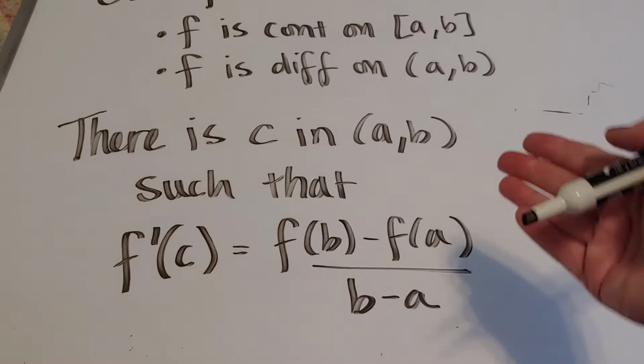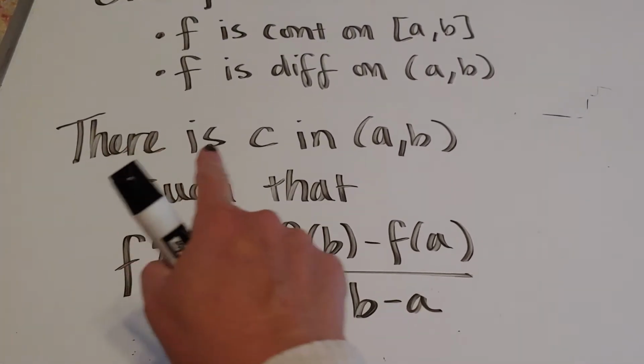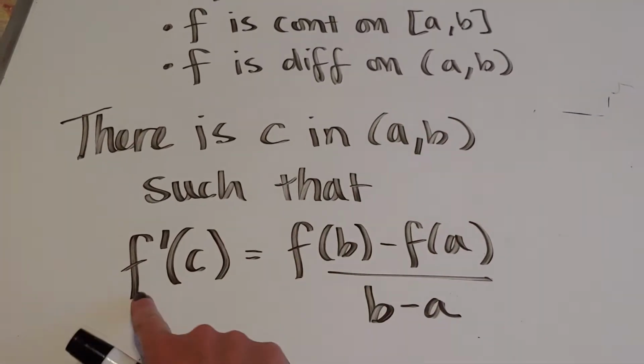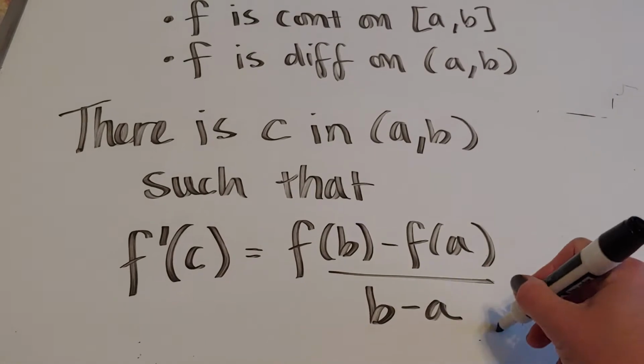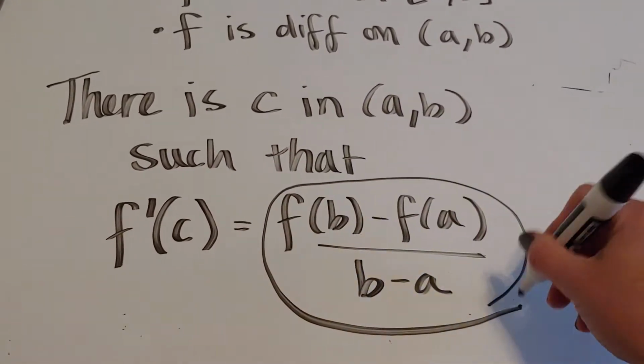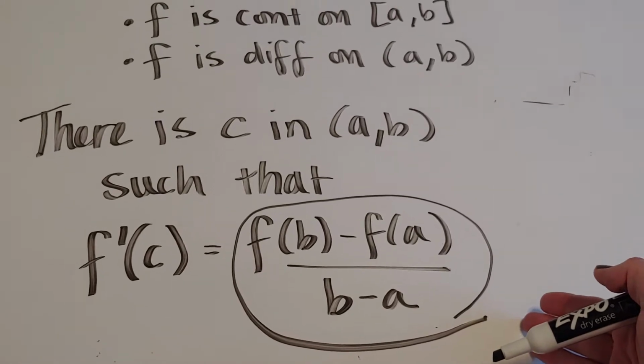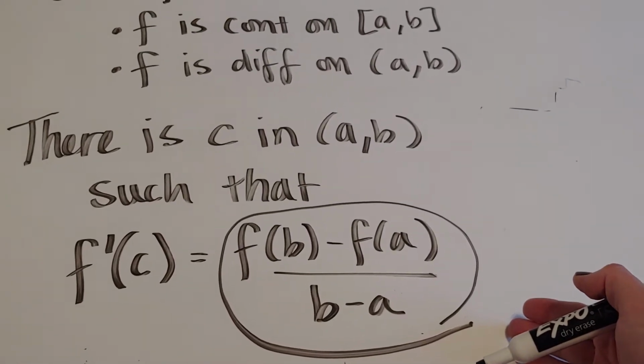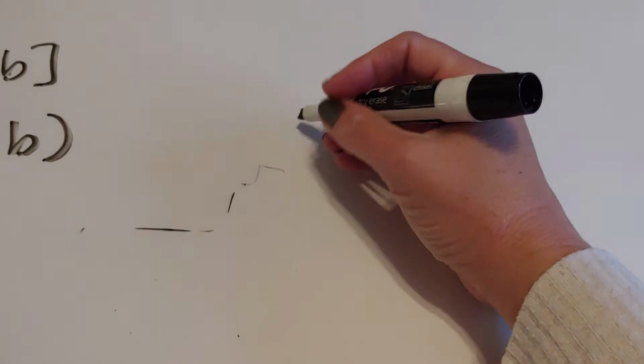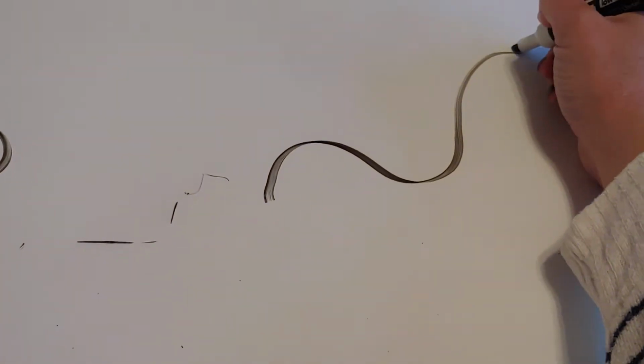However, the conclusion is a lot different. It says there is c in (a, b) such that f prime of c equals... So if you have a curve, let me make up a curve on a closed interval.